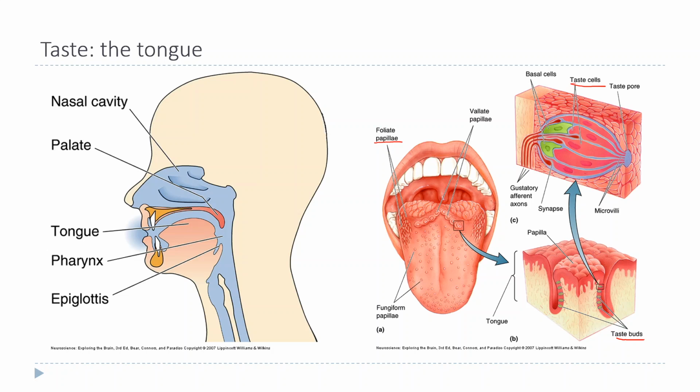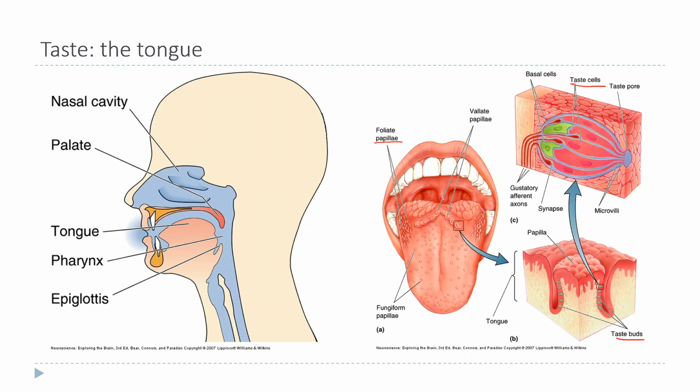These taste buds line all these papillae, and of course, everything is covered in saliva. Your mouth cavity at all times is covered in an aqueous solution, which is saliva, secreted by salivary glands under the tongue and other parts of the mouth.